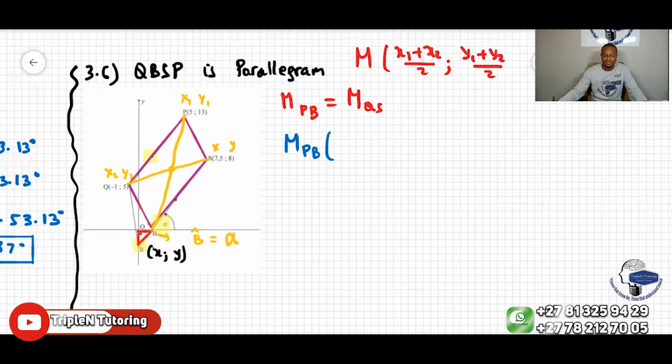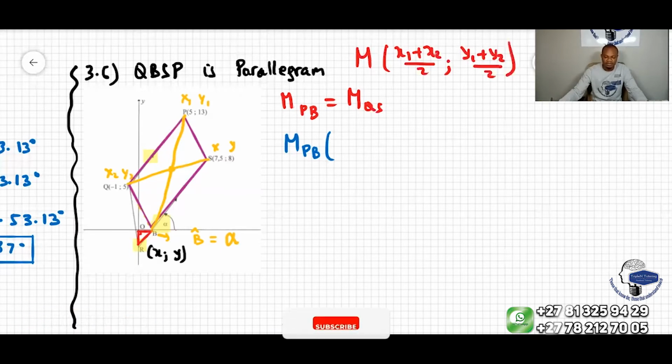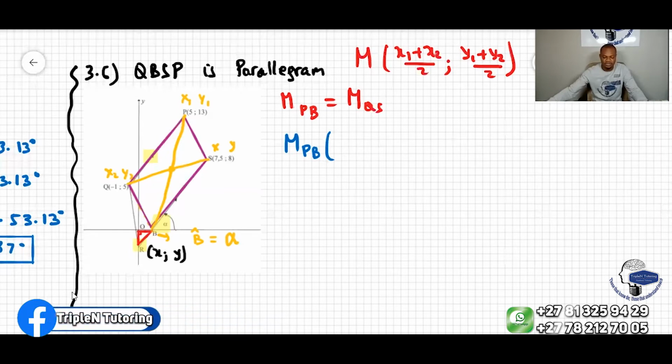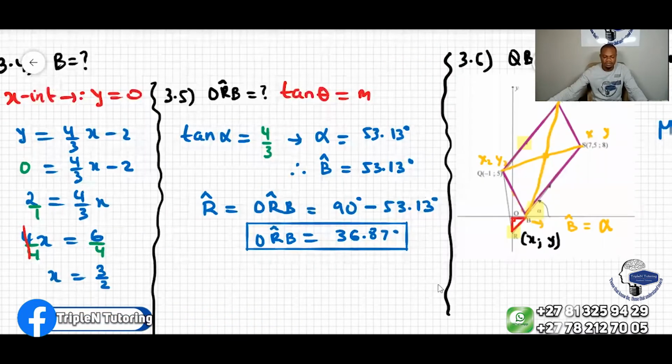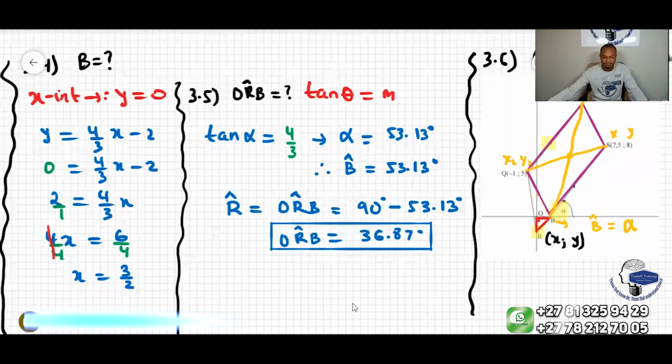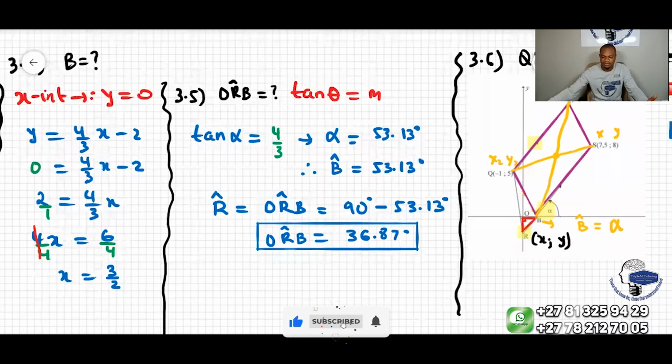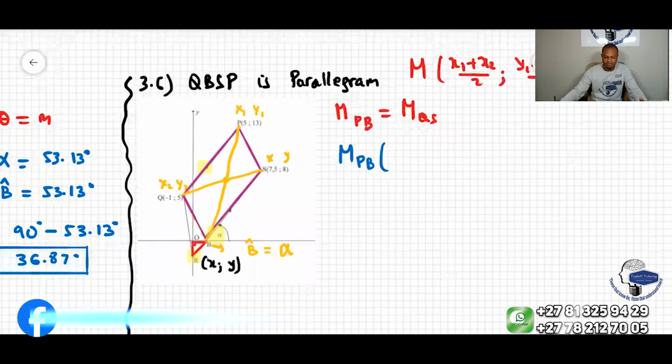So the midpoint of PB will be 13 plus... we did find the value of B in the previous question. B was found to be equal to 3 over 2, so the x coordinate was 3 over 2.